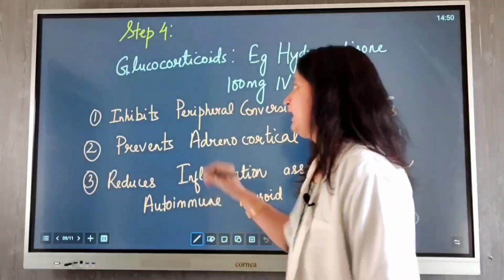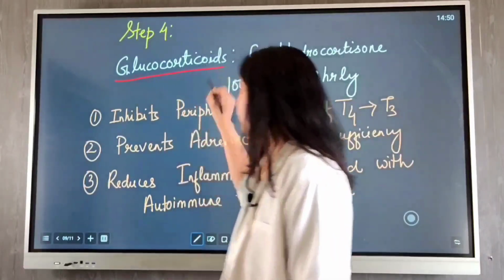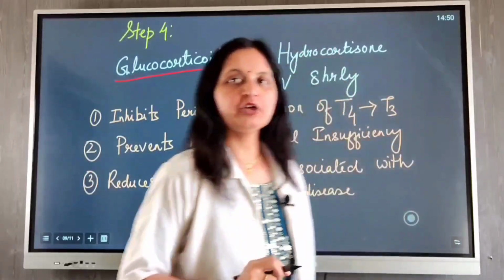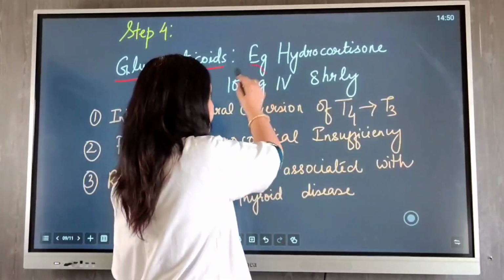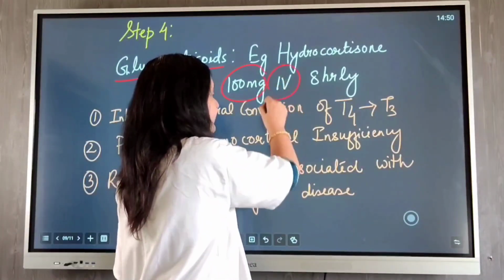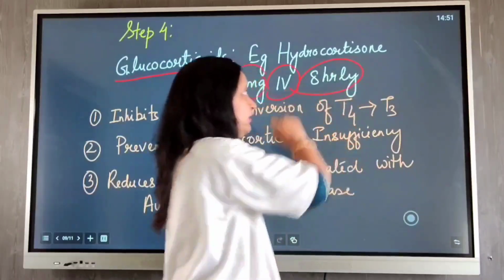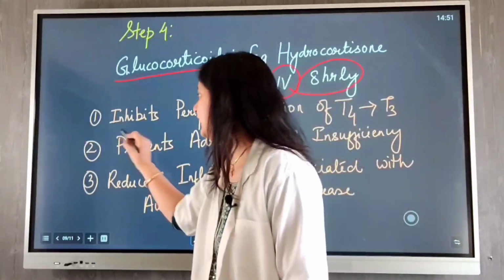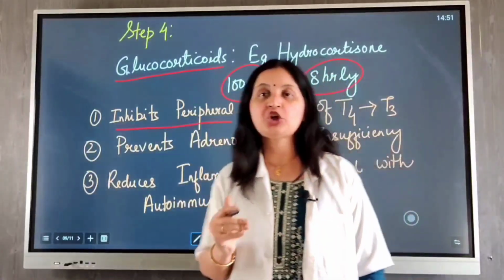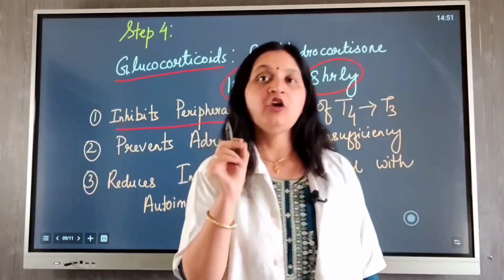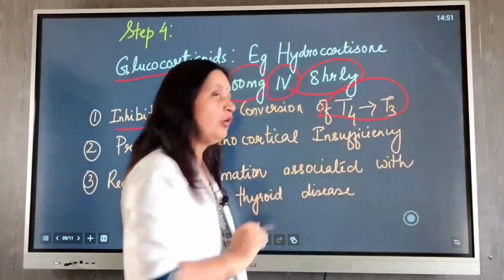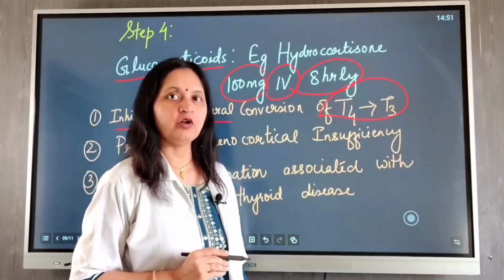The fourth step is empirical treatment with glucocorticoids, for example, hydrocortisone administered at a dose of 100 milligrams intravenously, 8 hourly. Hydrocortisone produces various actions. Firstly, it inhibits the peripheral conversion of T4 to T3, which is the active form of thyroid hormone, thus helping to lower the levels of thyroid hormones.